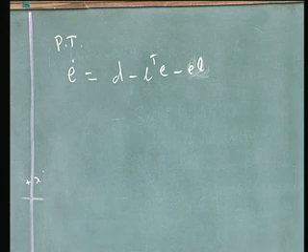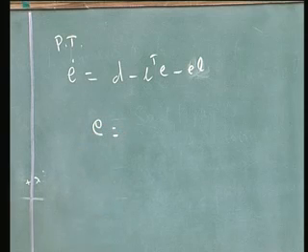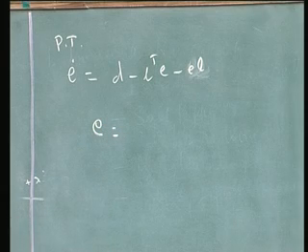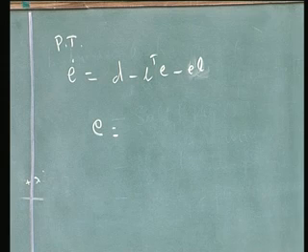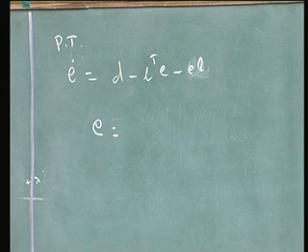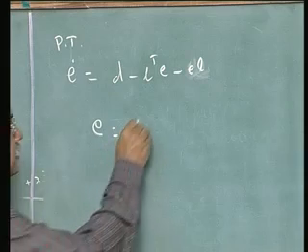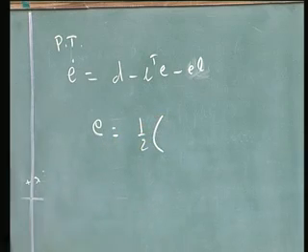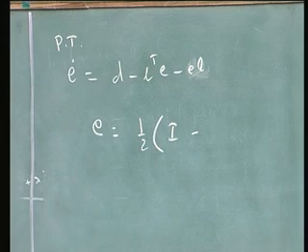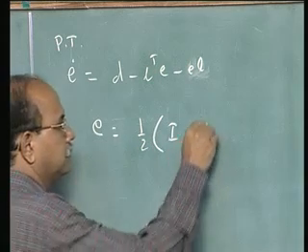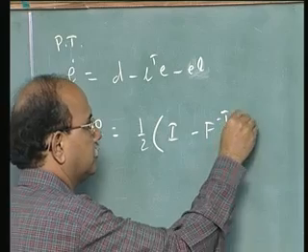Remember what our E was? E is the Eulerian strain, or Almansi strain, that is, in other words, referred to the current coordinate system, and it was written as half into I minus F inverse transpose F inverse.